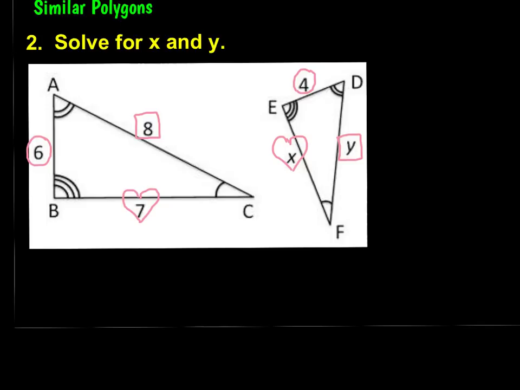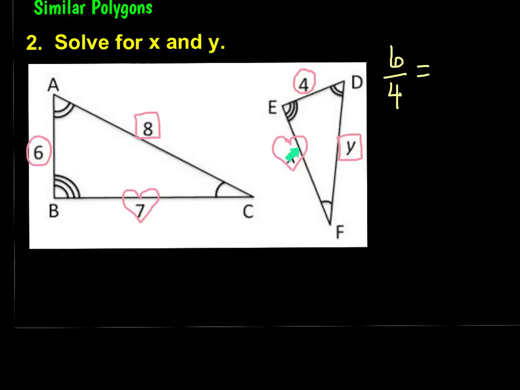Okay, so same as the last problem, to solve for your missing variable, you set up a proportion. Now, you don't want to pick the two that we don't know. So you want to start with a pair that you do know. So we know that 6 goes with 4. So we're going to choose those. So 6 over 4 is equal to, and we just have to do one set at a time. So 6 over 4 is equal to, we can start with the hearts.